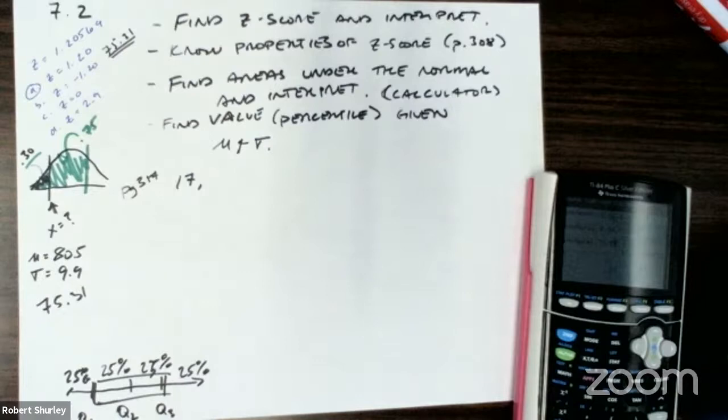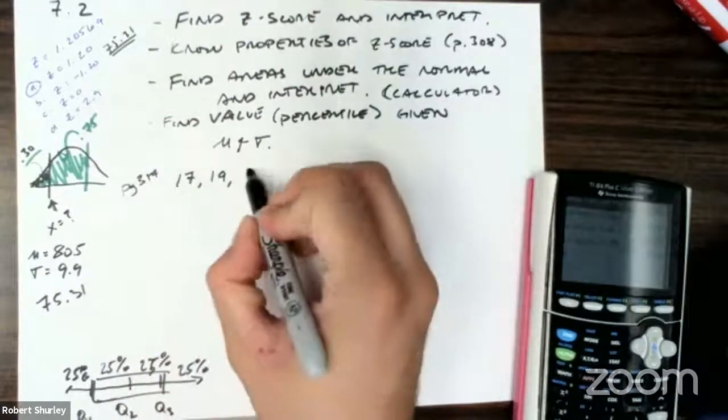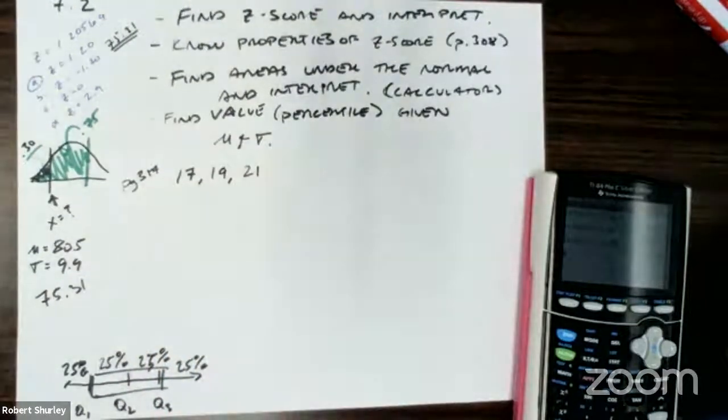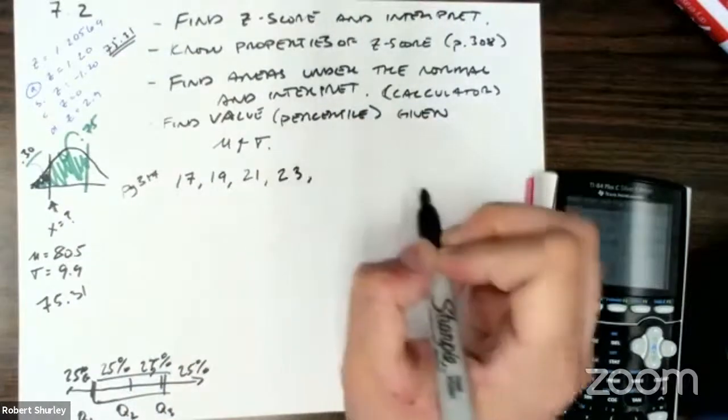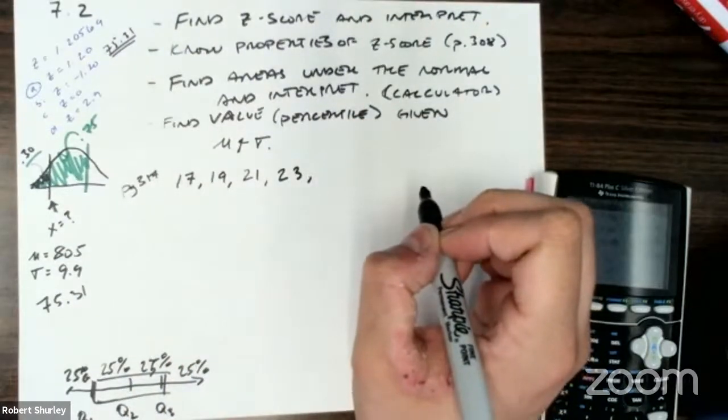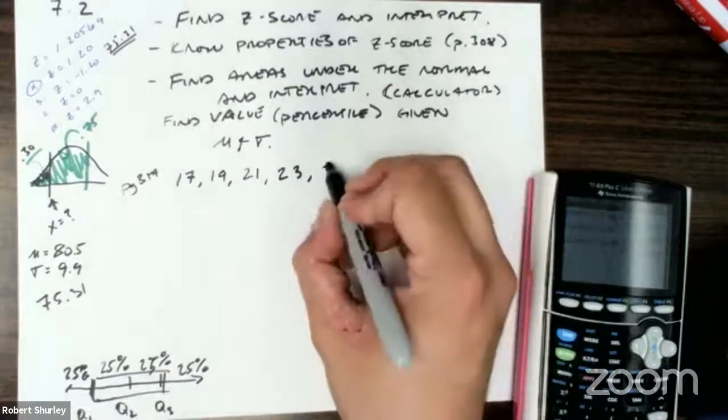It's just the quartiles, figuring how to do that one in the calculator is what got me. Yeah, 17, 19, 21, 23, and 25, those are good.